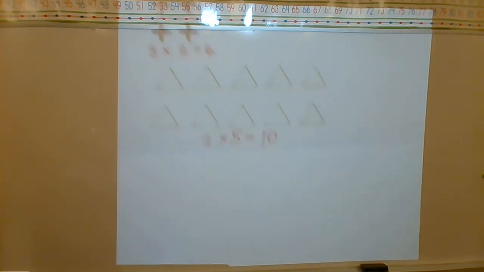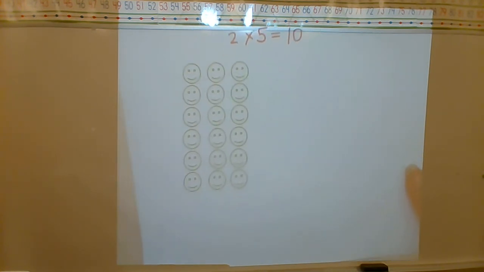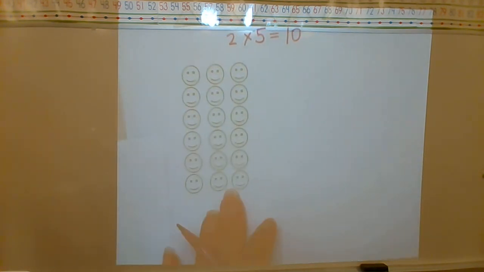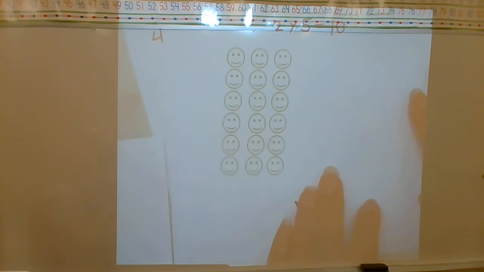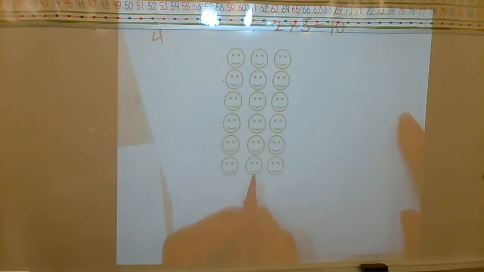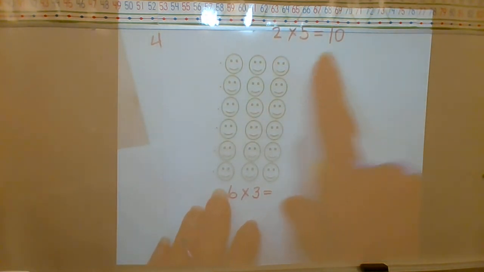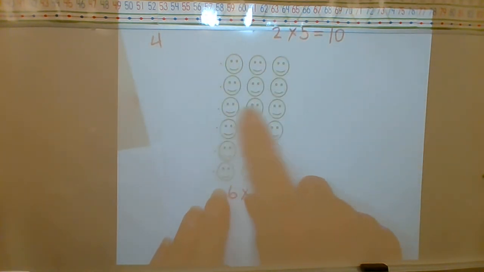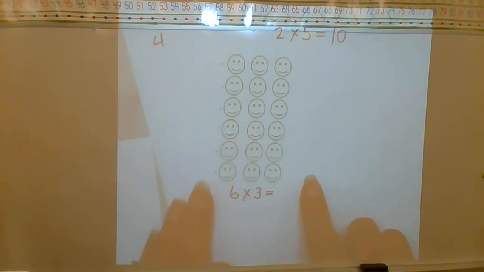And nice work. What if they used smiley faces? Well, it didn't change much. Let's count the number of rows. 1, 2, 3, 4, 5, 6 rows. How many in each row? That's right. How are we going to count? Let's count by 3. Sing with me. 3, 6, 9, 12, 15, 18.